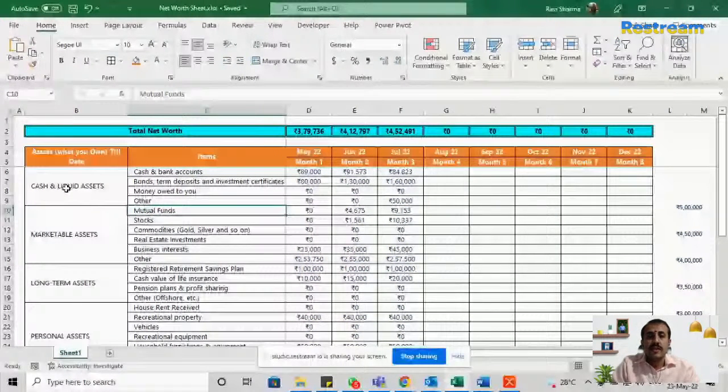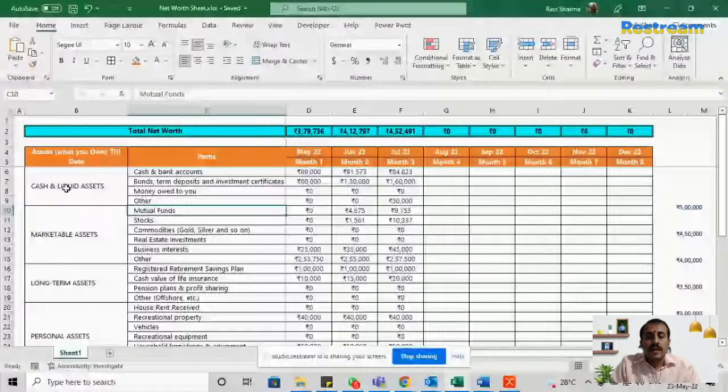It might be gold, silver, or any commodities like crude oil and agricultural commodities, and other real estate investments, and business interest, or any small business if you have, or anything else. So those all are marketable assets.